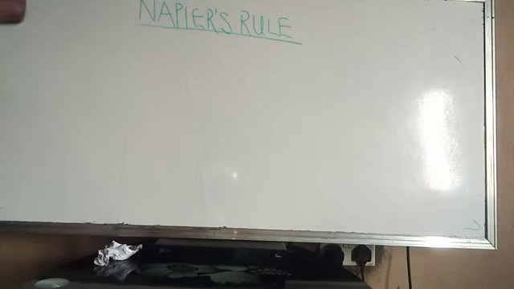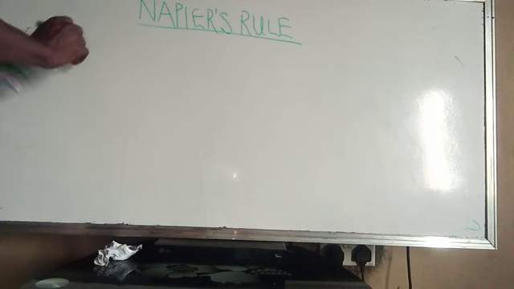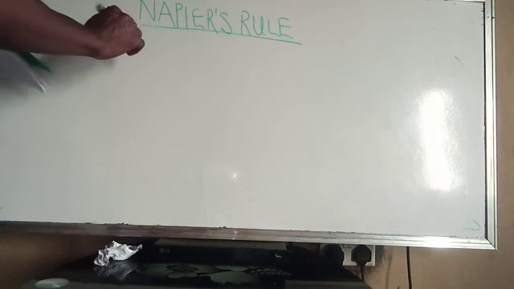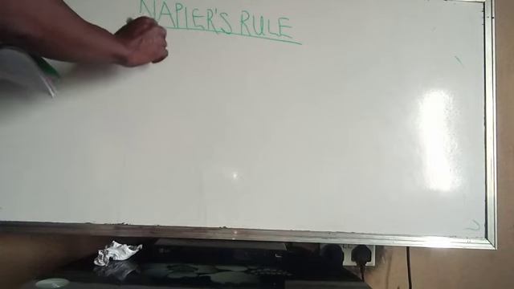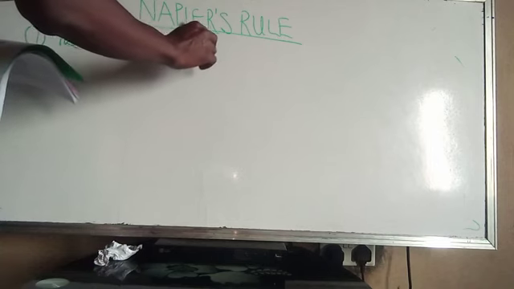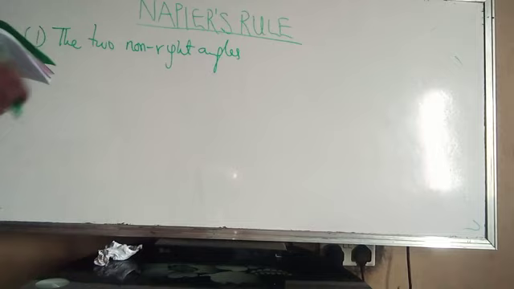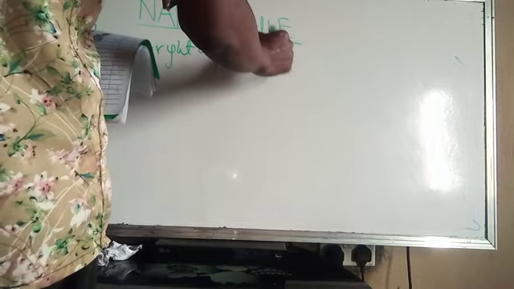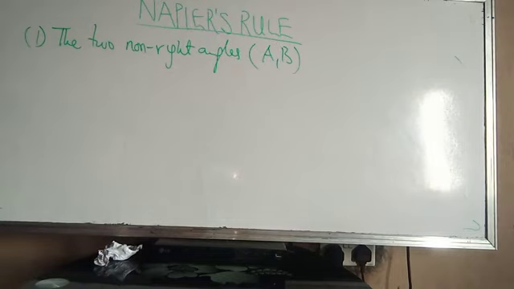Let's look at the rules of Napier. Rule 1: the two non-right angles, let's say A, B, when you're talking about triangle ABC.